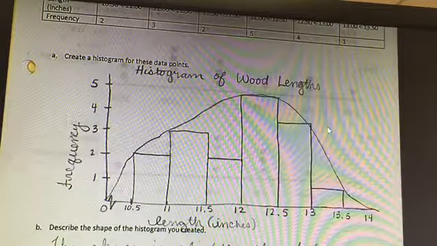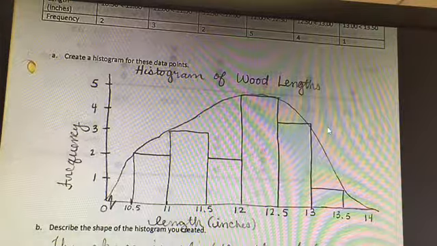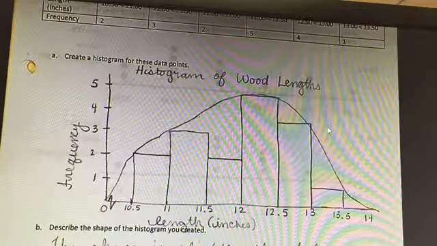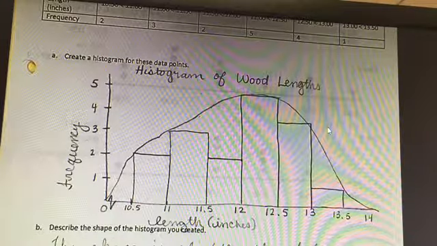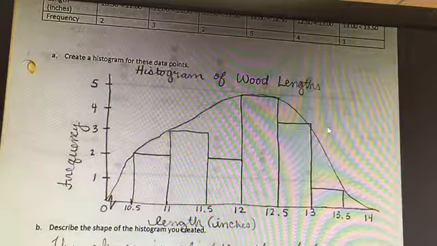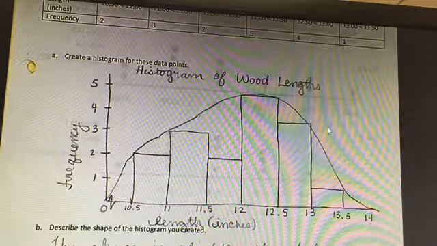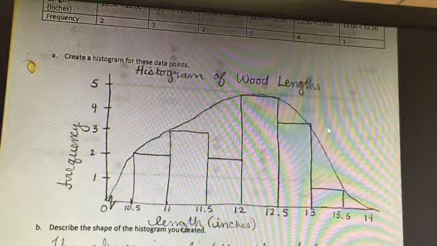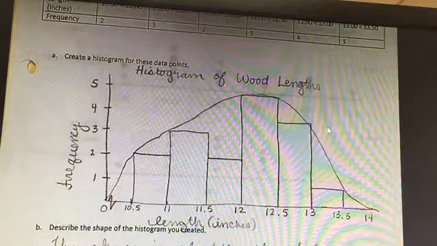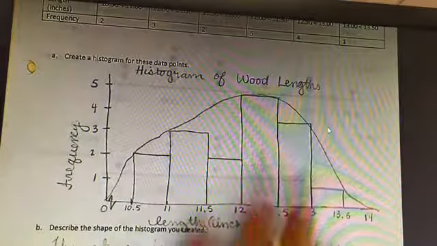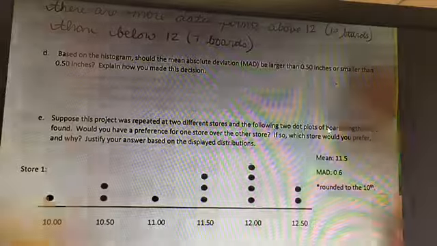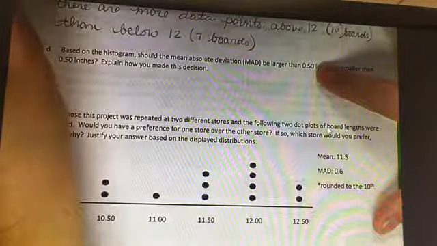Remember that your mean absolute deviation is your distance away from the mean. So when you're looking at that, are most of your data points within that range or are they outside of that range? Okay, so let's flip over. You need to look at the deviations.